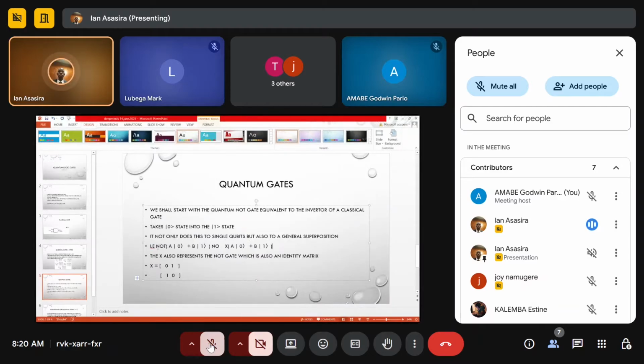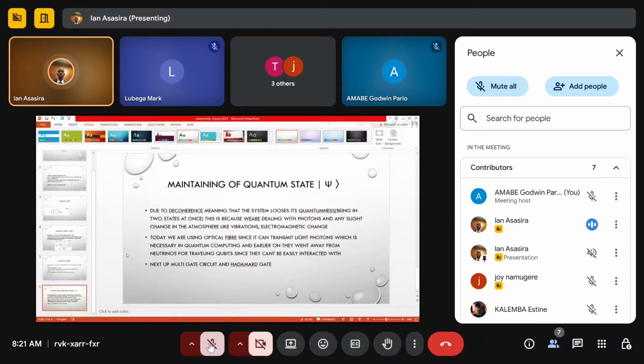This equation is a quantum equation, the superposition. Superposition means two states at one time. And the X also represents the NOT gate, which is an identity matrix. You did linear algebra, so remember this just does the inverse.